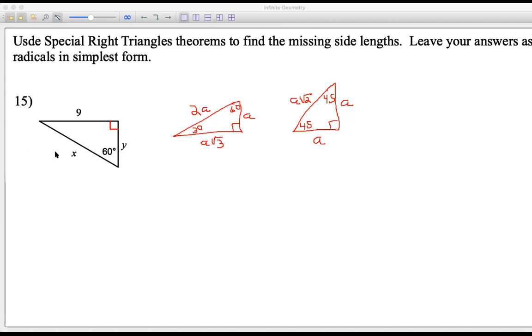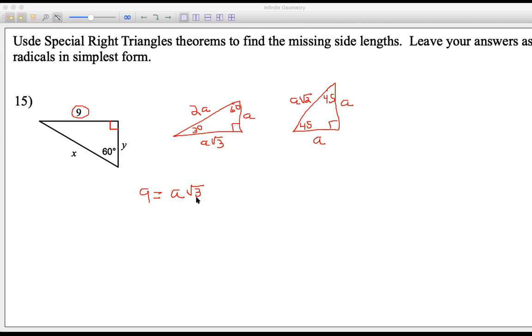What's the number on my triangle? 9. Okay, well, the 60s we don't use. So that means that 9 is equal to, well, what side on the 30, 60, 90? A root 3. Once we solve for A, we're done, basically. So I'm just going to solve for A.